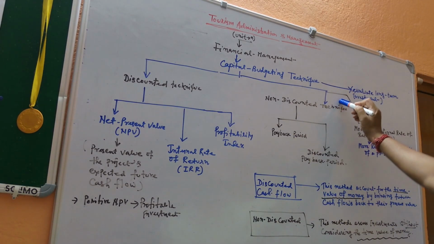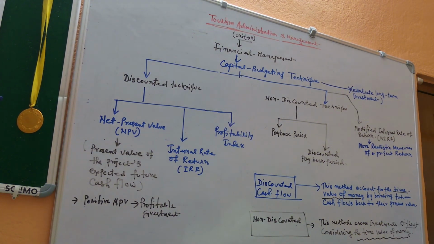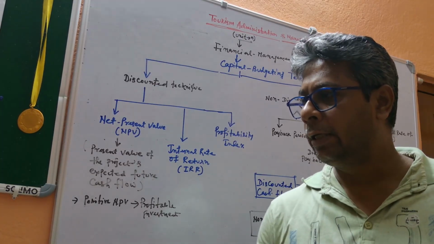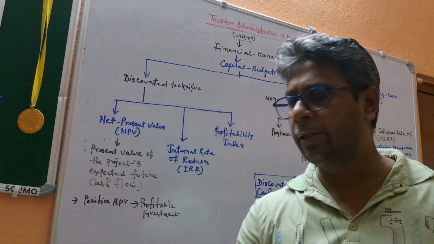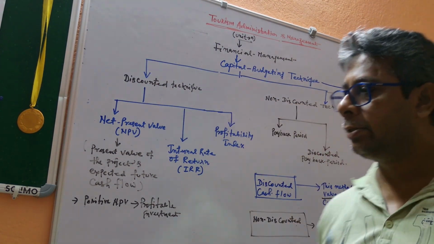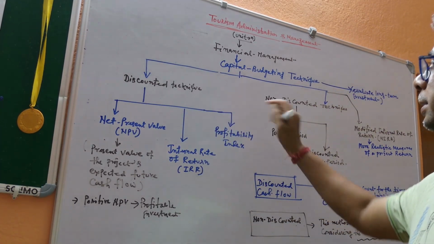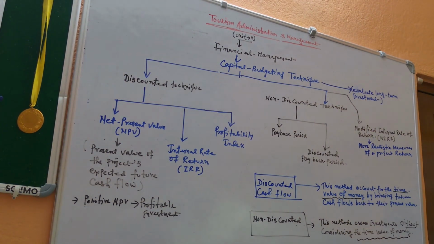It is basically used to evaluate long-term investment. When any investor is going to invest, they have to think about how much return they can get for their investment. That's why the capital budgeting technique is very important.